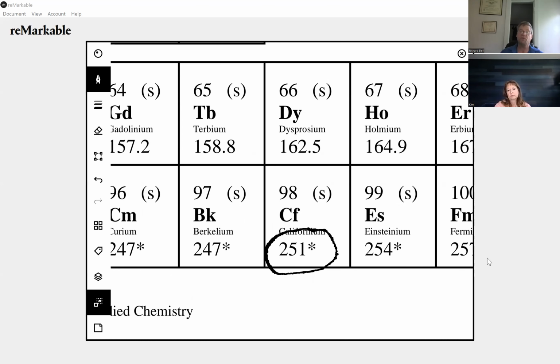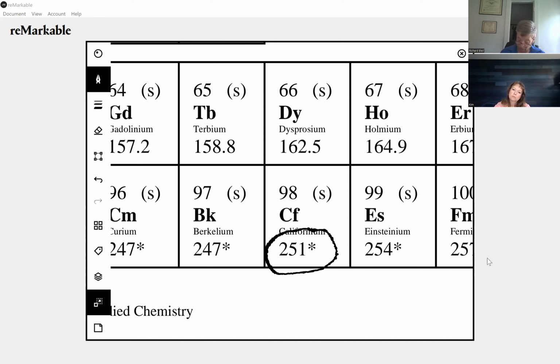That 251, since californium is an unstable element, is the atomic mass number, not to be confused with atomic mass. It is the atomic mass number of the most stable isotope.